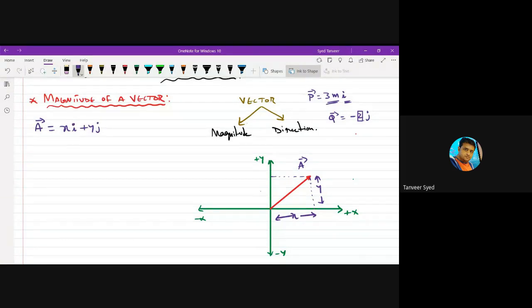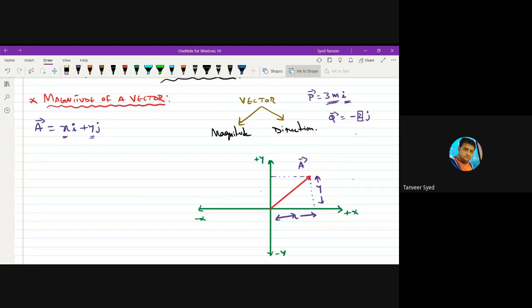Here also, vector A has magnitude x along the i direction and magnitude y along the j direction. These are magnitudes along individual directions. But I want the magnitude of this vector, in other words, the length of this arrow.